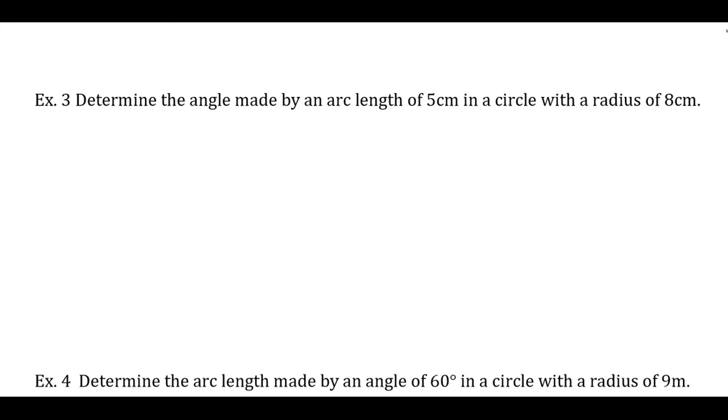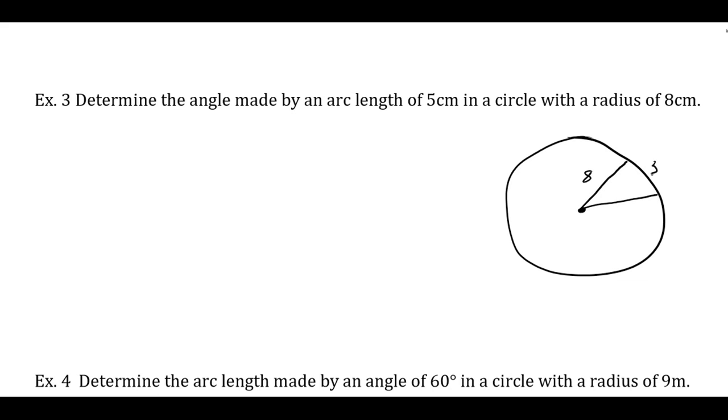Determine the angle made by an arc length of 5 centimeters in a circle with a radius of 8 centimeters. So if that's 8, 5 is smaller than that. Remember our little formula? A over R, that's all there is to this.